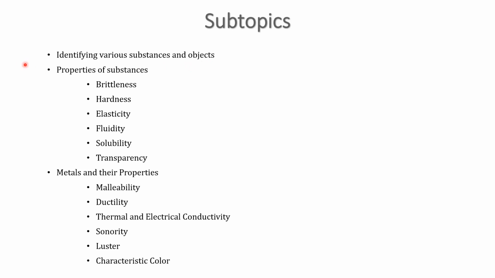Then we'll see properties of substances, in which we will see in detail all these properties. And lastly, we will see metals and their properties, because metals are very important. They are all around us and we use metals for various purposes everywhere. And we'll see all these properties of metals one by one.